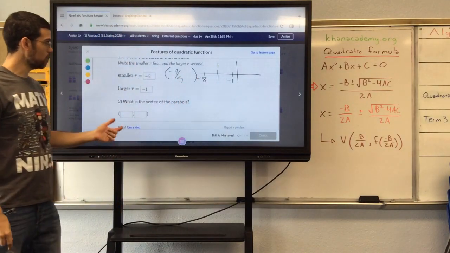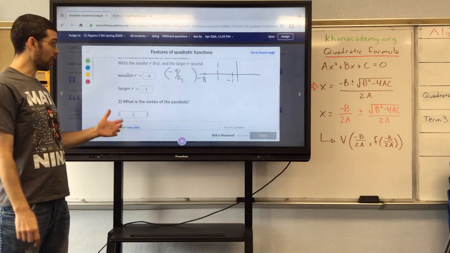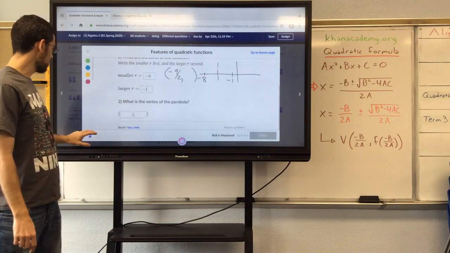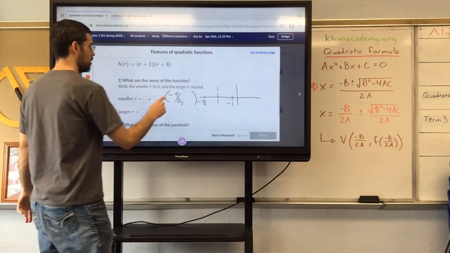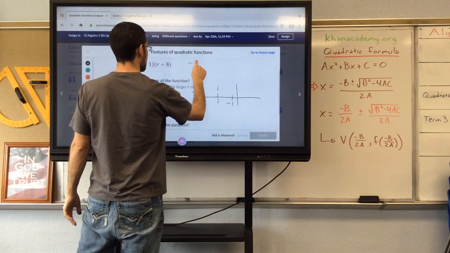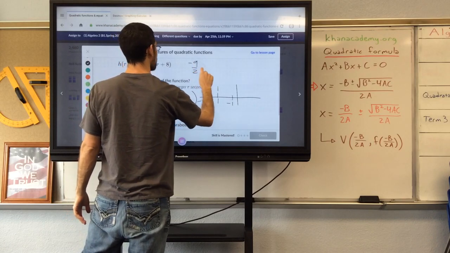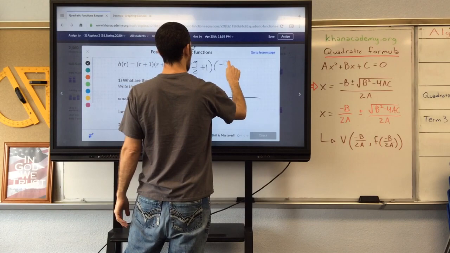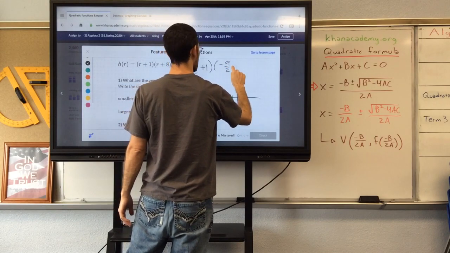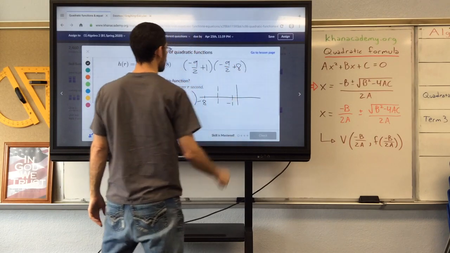And our y-coordinate will be whatever the function value is where x is -9/2. So let's see what we have up here. We have -9/2 plus 1 times -9/2 plus 8.